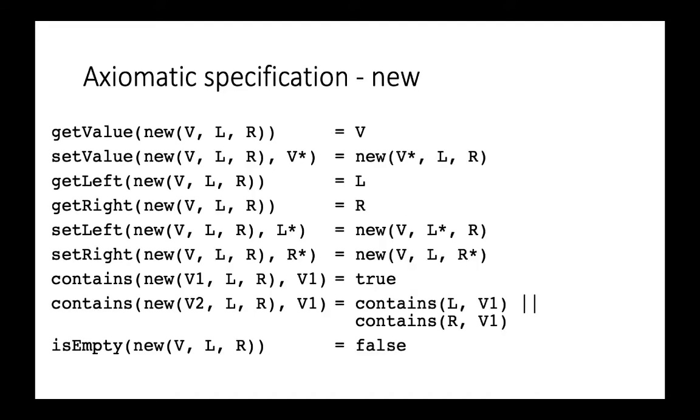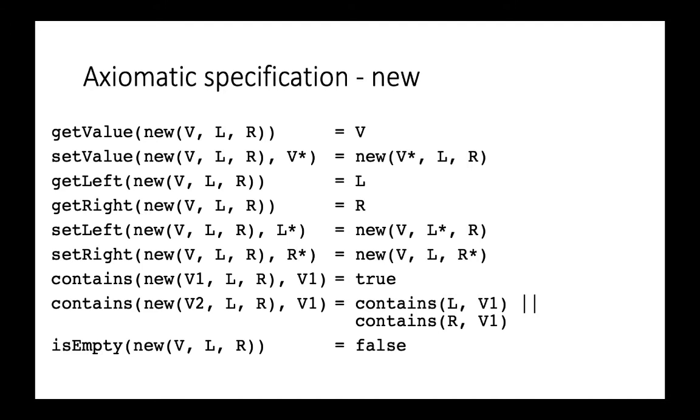Now the other one is obviously more interesting, right? So we take our non-empty tree constructor, which takes a value, a left and a right, and we cross it with all the non-canonical operations. And so if we create a tree with a particular value at the top, as the value at the root node, and we get the value from that tree, we get back v. That makes sense.